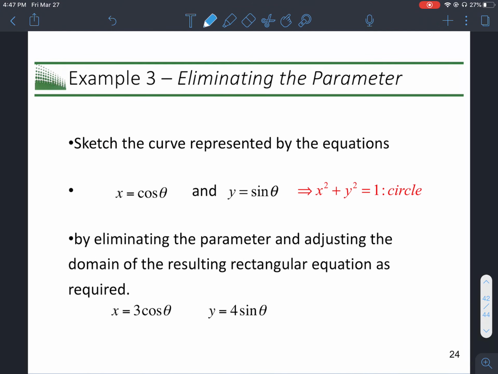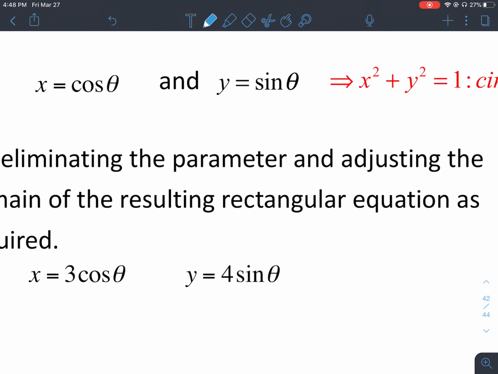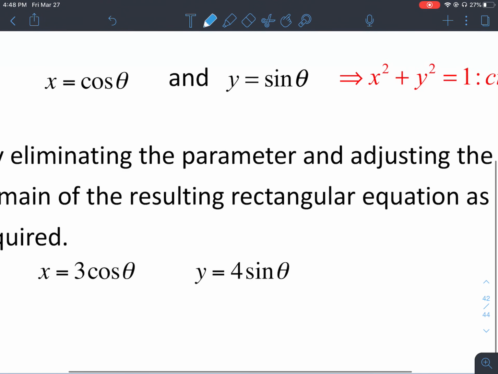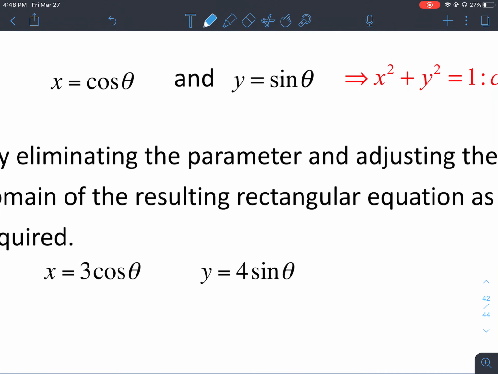All right. If I look at this next example down here, x equals 3 cosine theta, y equals 4 sine theta. This is a little bit trickier, not too much more difficult, but if you start by just squaring both sides, you might see there's a slight issue. How am I going to get sine squared and cosine squared without coefficients? So before you square it, I would actually divide.